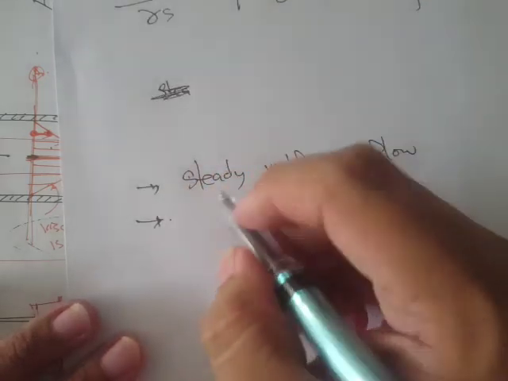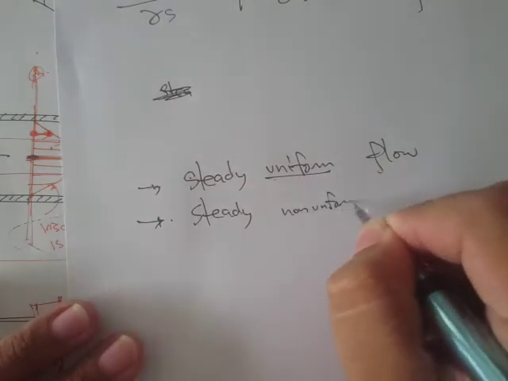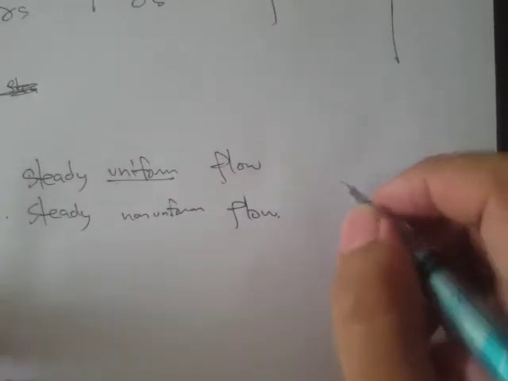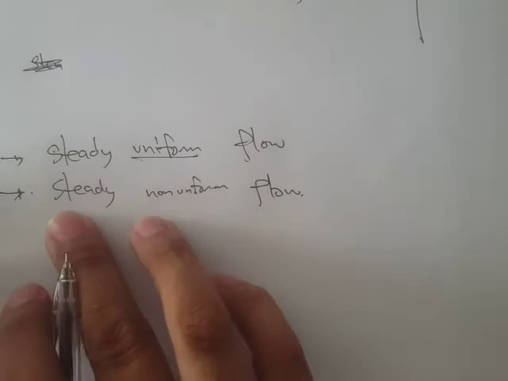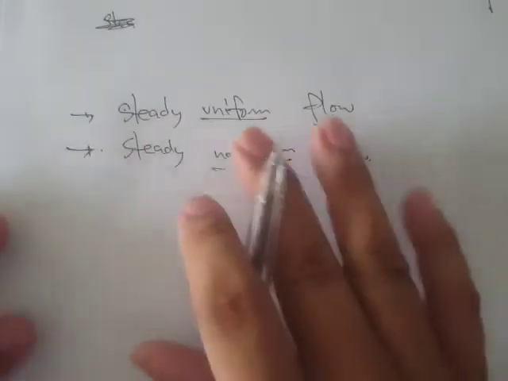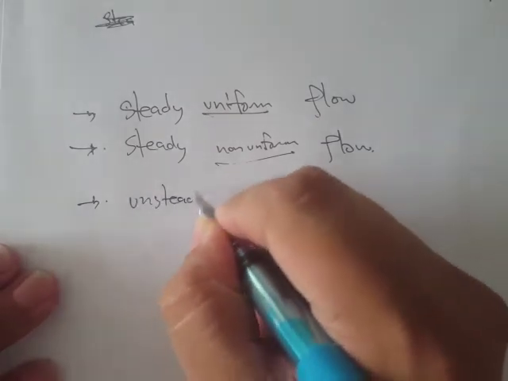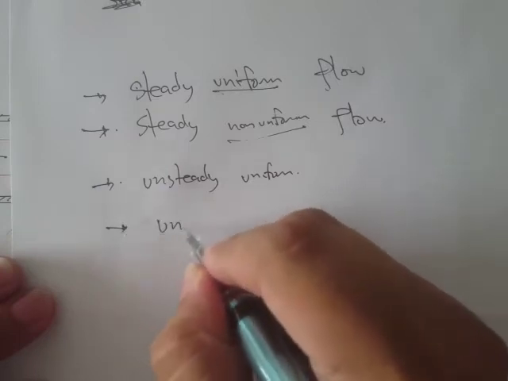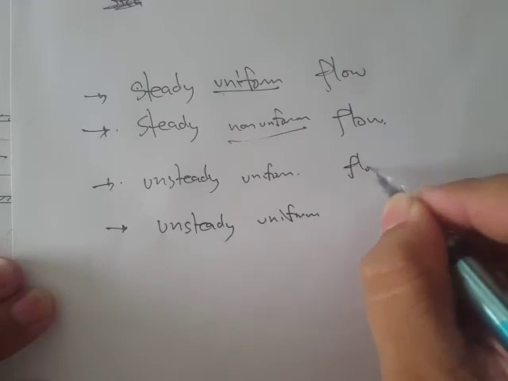Another one is we can have a steady but non-uniform flow, so the velocity does not change with time, but it changes with position or with space. Then we can have unsteady uniform flow, and we can also have unsteady non-uniform flow.